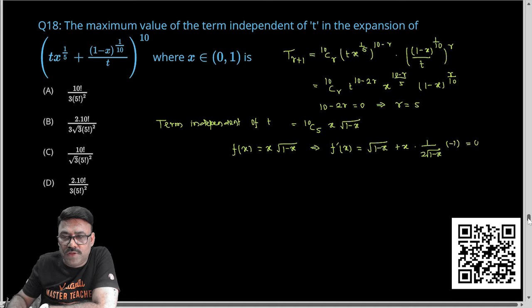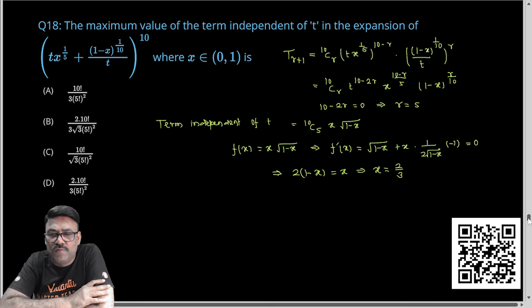If I put the derivative 0, I get 2 times (1 minus x) equal to x. So 2 is equal to 3x, so x is 2 by 3. So for the maximum value, x should be 2 by 3 here.